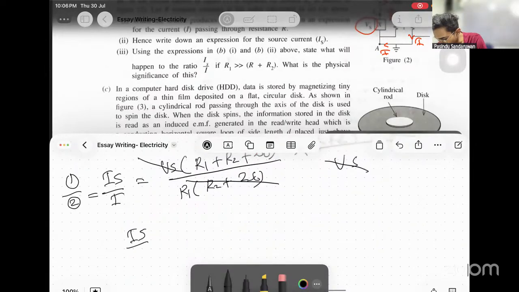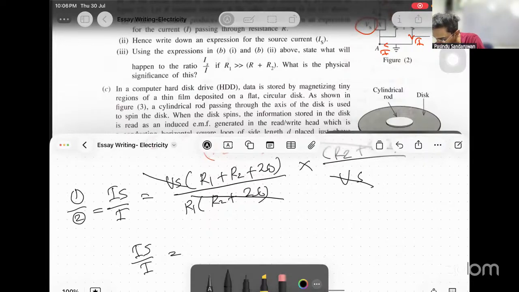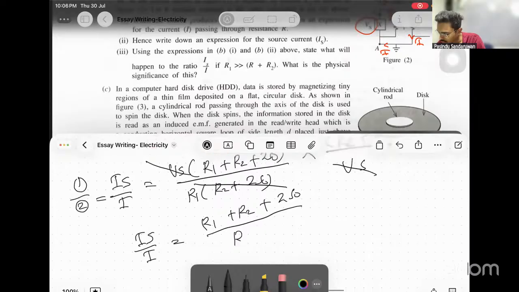Then Is over I becomes R1 plus R2 plus 250 over R1. Right. Now, what is the given condition? R1 is greater than R plus R2.